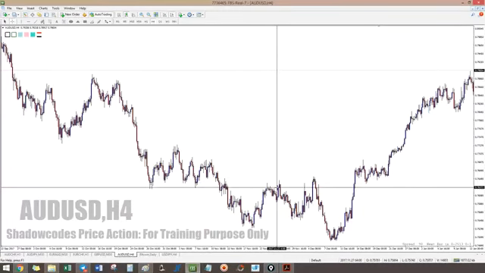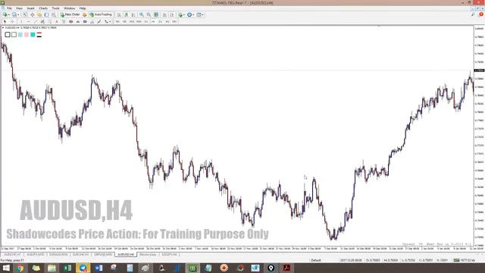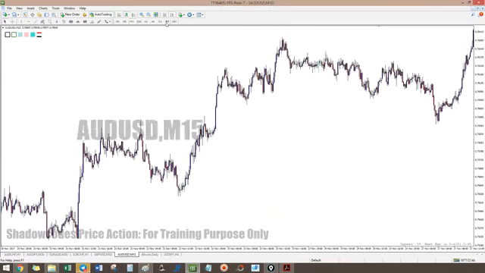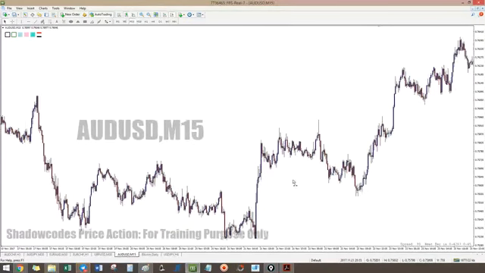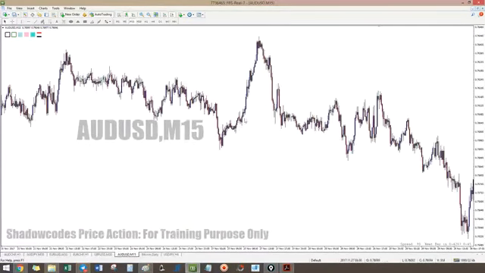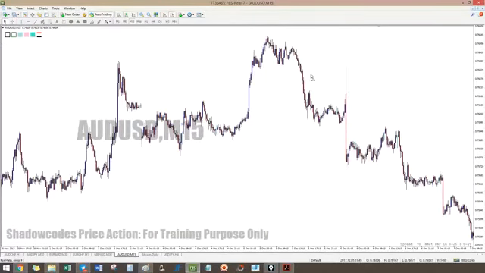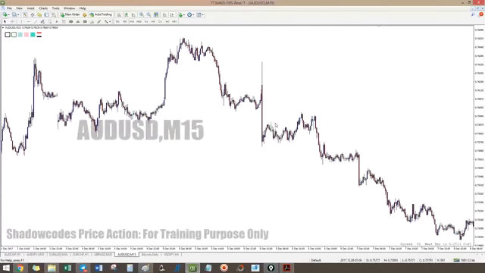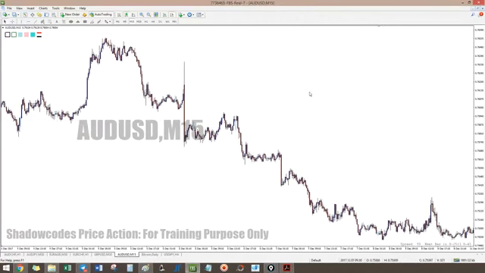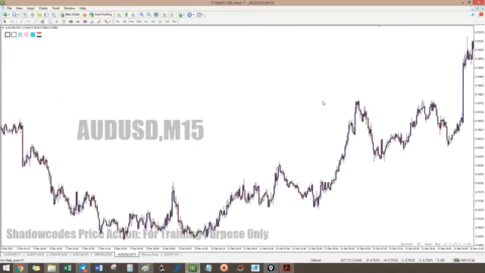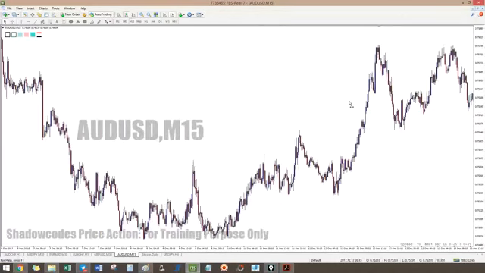This one? No. This one? Yes, maybe, but it's not clear. If you have any question, you can ask. I'm just looking for drop base drop as a swap zone. It's quite difficult, but there is. Okay, alright, we're here.